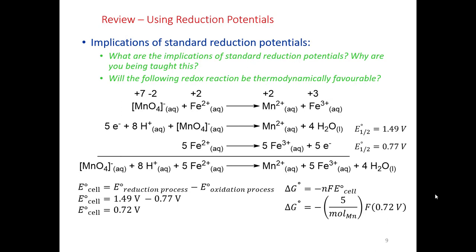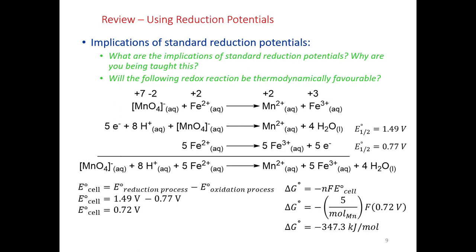And that's because per mole of permanganate, 5 electrons are transferred. If I ask per mole of iron, on the other hand, n would equal 1, because only 1 electron is transferred per mole of iron. Solving this equation and converting to kilojoules per mole gives a free energy of minus 347.3 kilojoules per mole of permanganate.